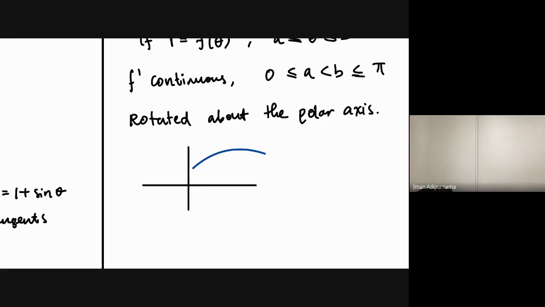So the polar axis is here, the baseline. So we rotate here. If we are restricted from 0 to pi, then we can see the form, right? Or maybe let me make it like that.